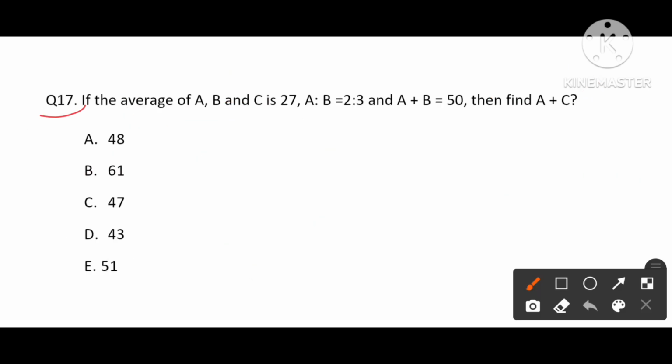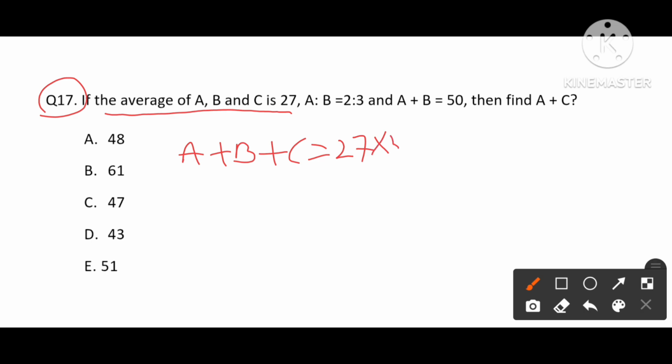Now we are going to see question number 17. If the average of A, B, C is 27, so the sum of A, B, C will be 27 into 3, which will be 81. And it says that A is to B in the ratio of 2 is to 3, and A plus B equals 50.